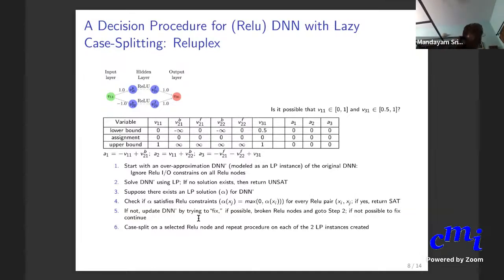In addition to the usual update that you saw in simplex, it tries to fix the forward and backward nodes of the broken ReLU pair by updating F or B such that it satisfies the ReLU constraint.